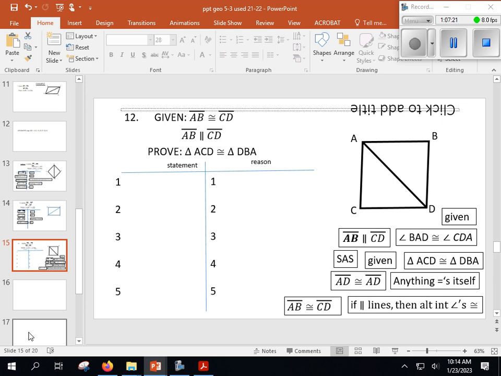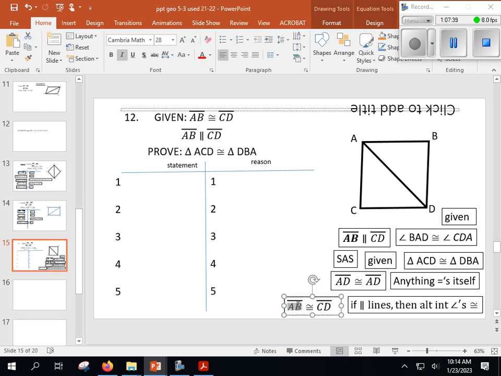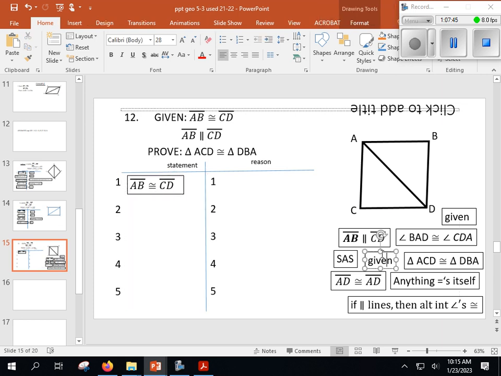Let's go ahead. What number is this? Well, this is number 12 on the assignment. You don't even have to mark it if you don't want, Caitlin. The given is segment AB congruent to segment CD. What number is this? Segment AB.